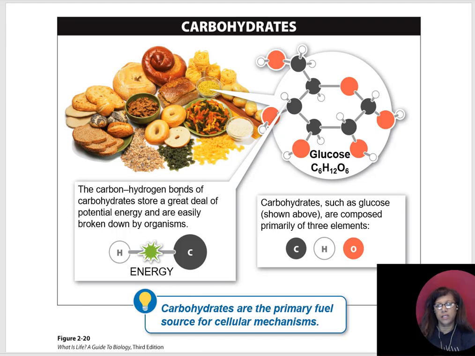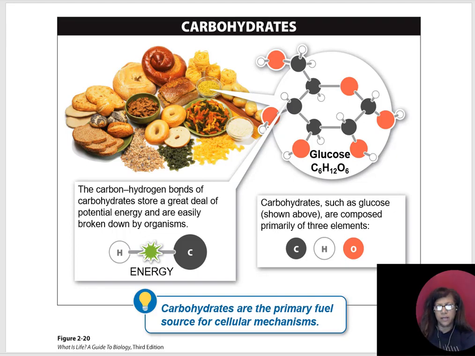And we're going to talk more about energy later, but the way I want you to think about it is, when you break a bond, you release energy. And a nice visual that I like to use is, have you ever gone camping and you have those glow sticks and then you crack them and then you see light? That's a chemical reaction.